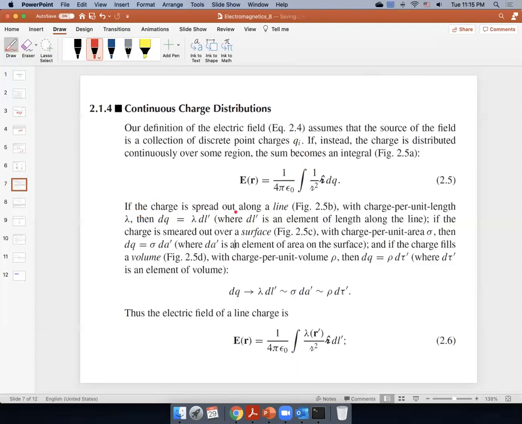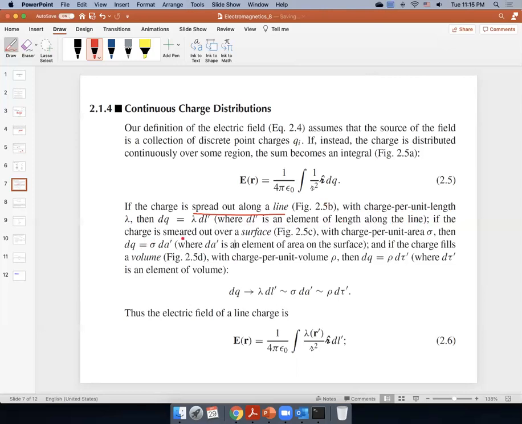So if the charge is distributed along a line, with charge per unit length lambda, you will have dq equals lambda dl prime, where dl prime is an element of length along the line.